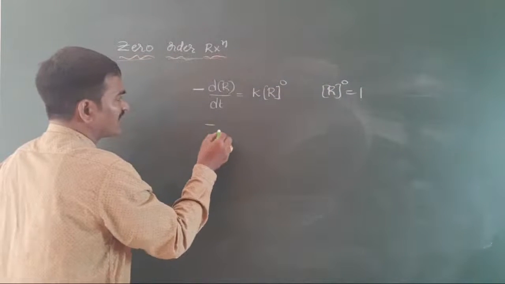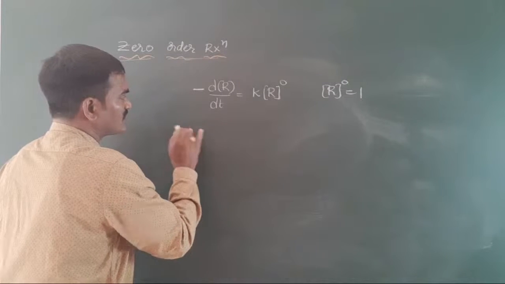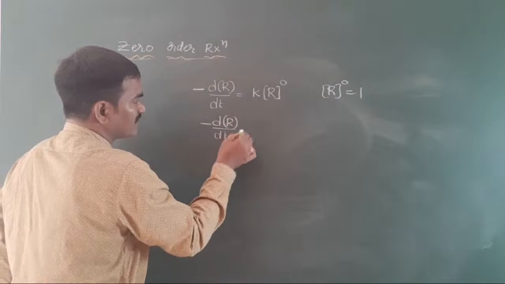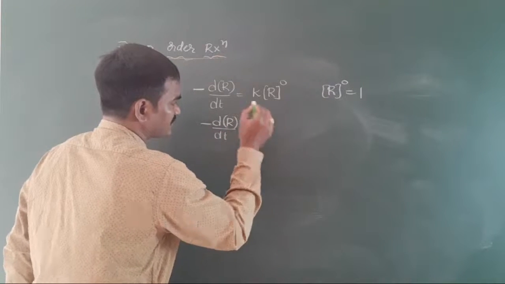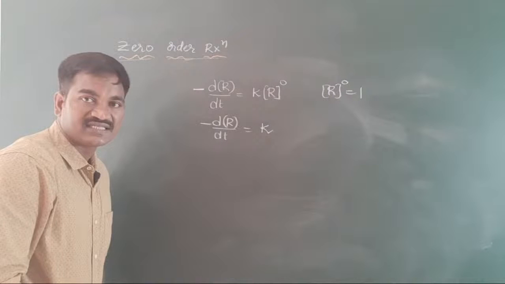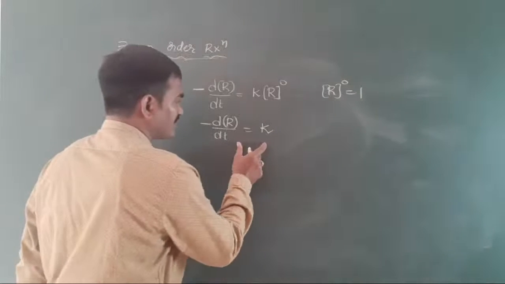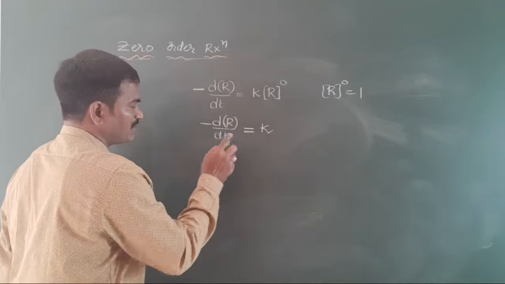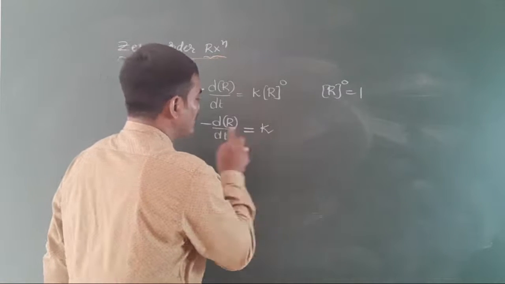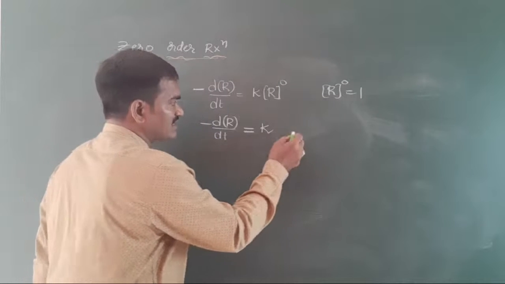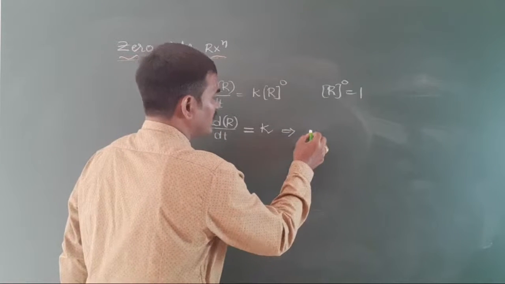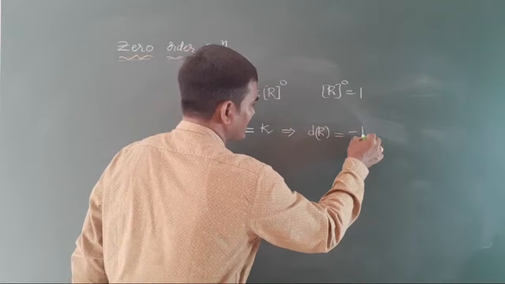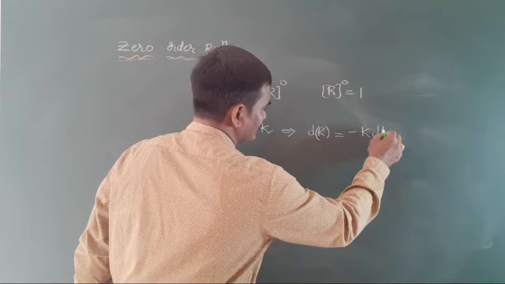Therefore we are writing dR by dt is equal to k. Is it clear? Now here, all of you see one important point. The negative sign and dt I am taking to this side. Therefore you can write dR is equal to minus k dt.